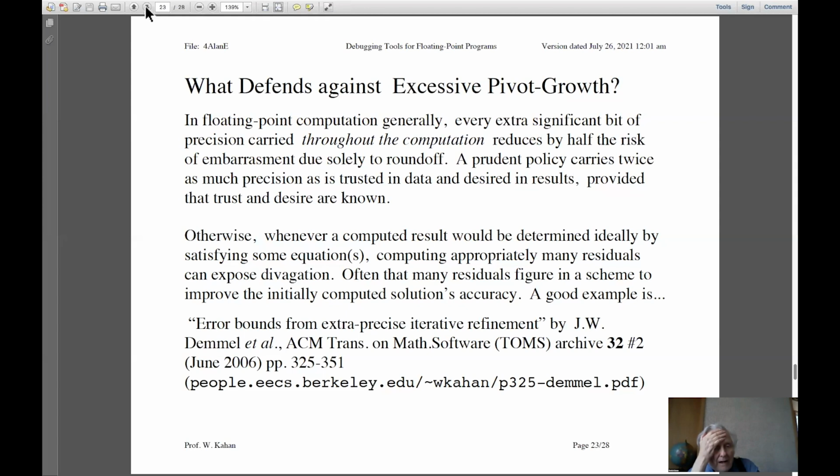So it's always a good idea to compute residuals, but it costs something. Maybe you'll compute residuals for the first few instances of your computation. And when you feel satisfied that the computation seems to be always reasonably accurate, then you might stop computing residuals, in which case the time will come when you're betrayed.